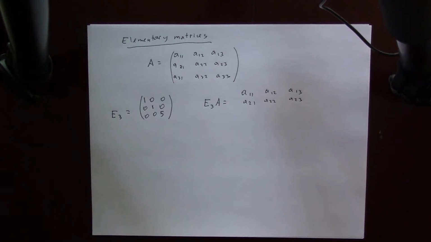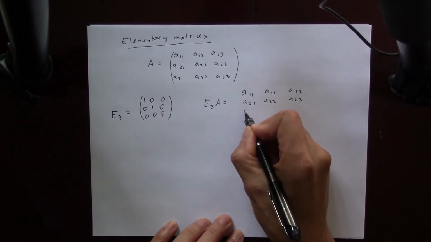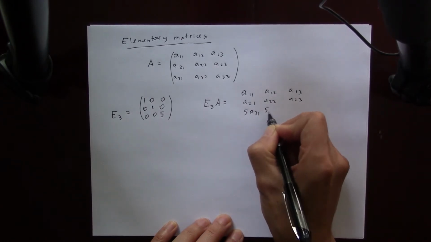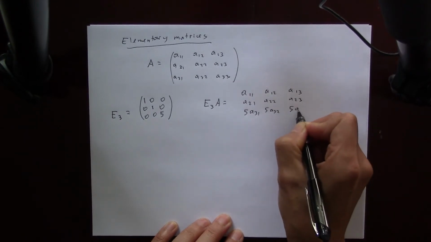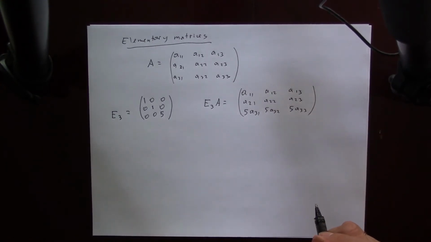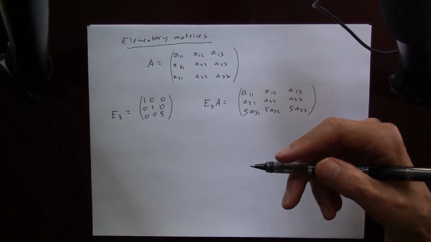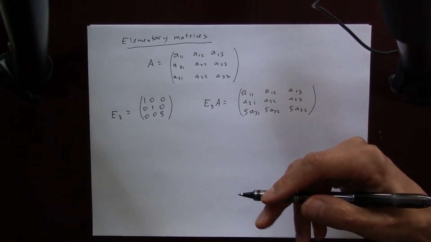Row 3 only participates in row 3 of the end result. And because we have 5 here, the third row becomes 5 times the original one. So that elementary matrix E3 tells us that we can multiply a row by a number.